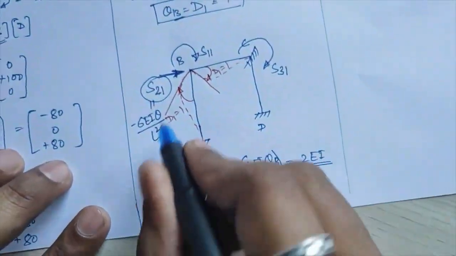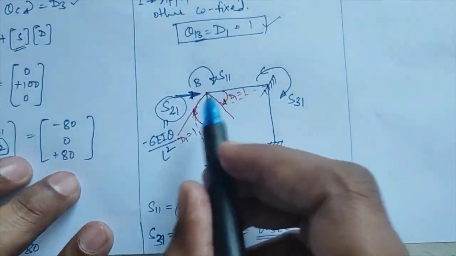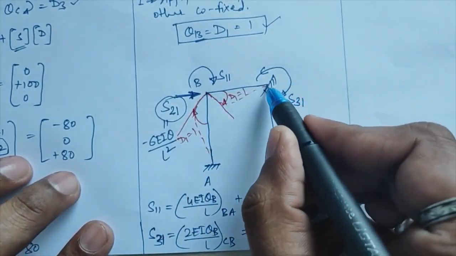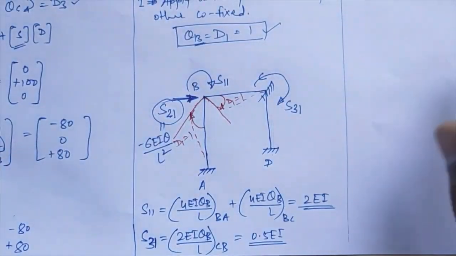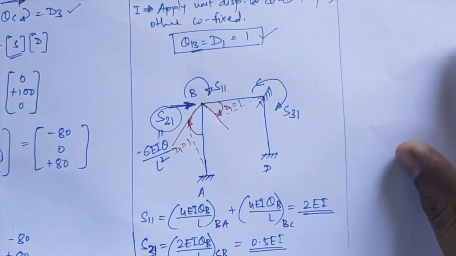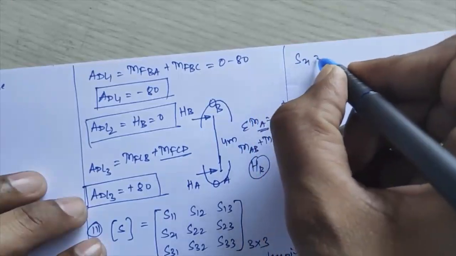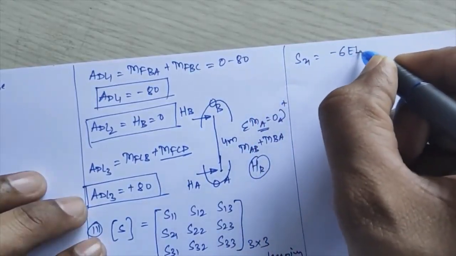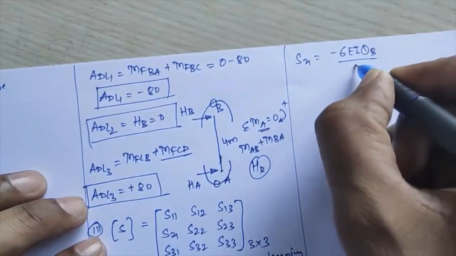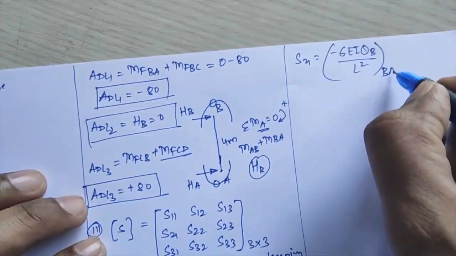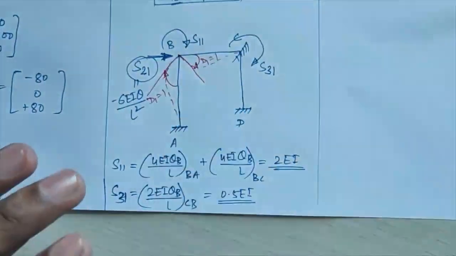So if I calculate that S21, that will be the same for joint B for member BA and the same for joint C for member CD also. But CD is here completely restrained. So S21 will be equal to minus 6EIθB upon L square, and that is for member BA, because you are calculating it only for BA.